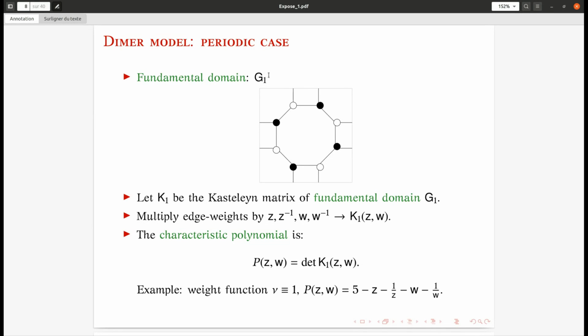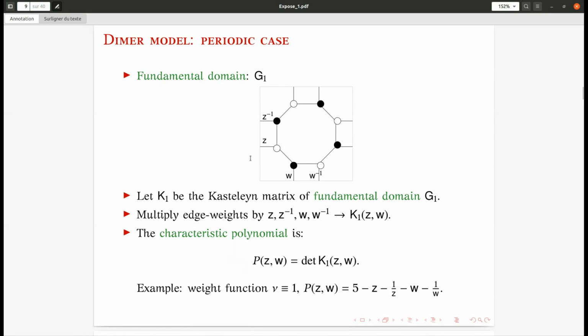So how does this work? This is taken from the paper by Cohn, Kenyon, and Propp, and then Kenyon, Okounkov, and Sheffield. So you take your Kasteleyn matrix, as I defined it before for finite graphs, of your fundamental domain. And then you multiply edges that cross. You see, as you're on the torus, you have two non-trivial cycles that go around the torus in the two possible non-trivial directions.